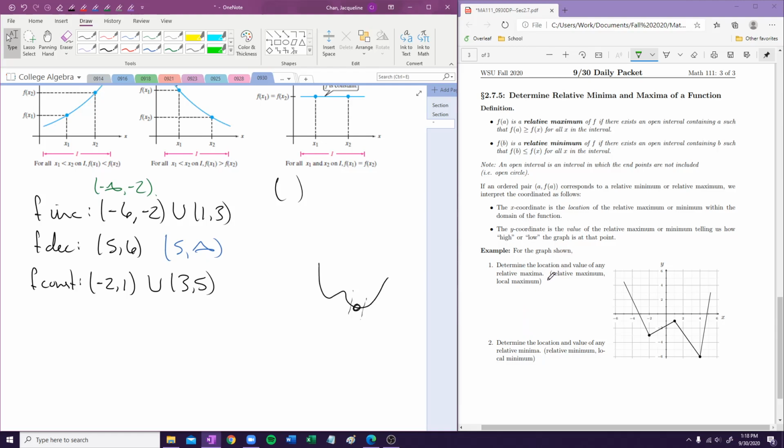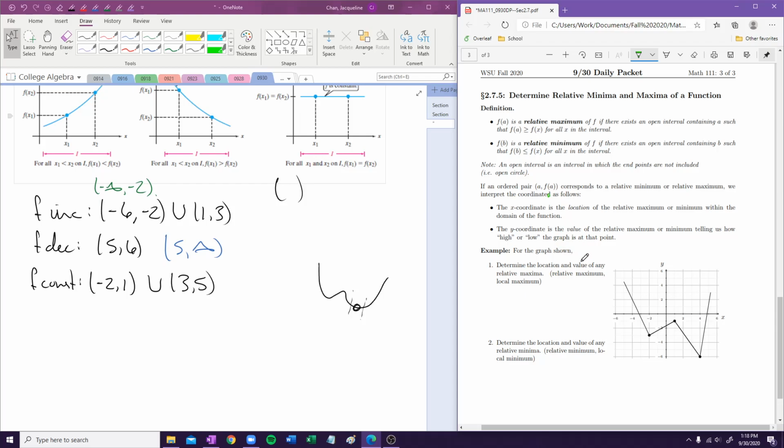All right, let's continue. So if an ordered pair (a, f(a)) corresponds to a relative minimum or relative maximum, we interpret the coordinates as follows.